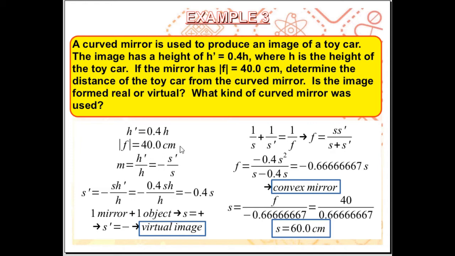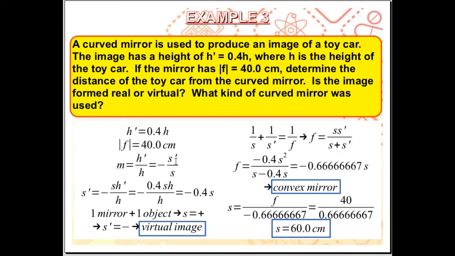and the absolute value of the focal length f is 40 centimeters. First, we use the magnification equation, the lateral magnification. M is equal to h prime over h. M is also equal to negative s prime over s. So focusing on this part of the relationship, h prime over h is equal to negative s prime over s.